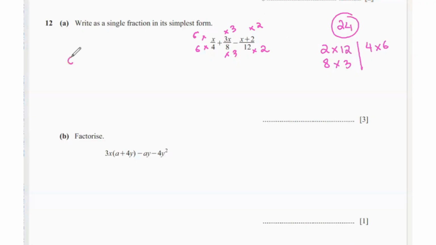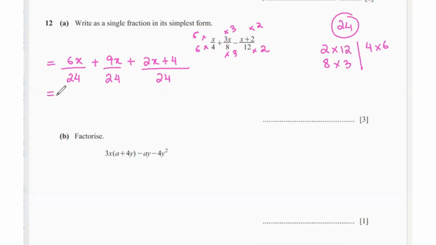So 6 times x is 6x, 6 times 4 is 24, plus 3 times 3x is 9x, 3 times 8 is 24. 2 times x plus 2 is going to be 2x plus 4. We multiply 2 with x and with plus 2, and then 2 times 12 is 24.